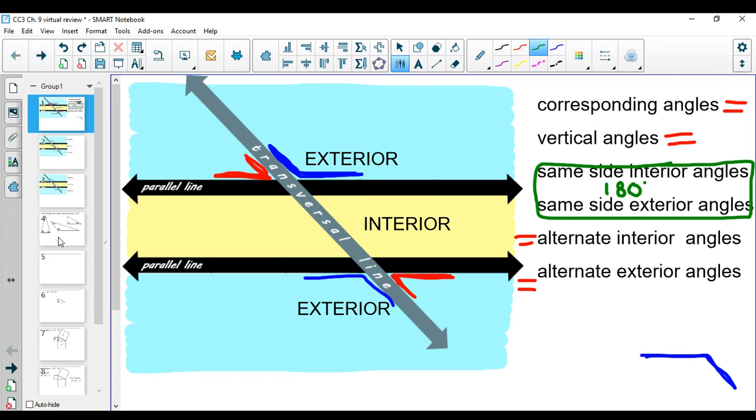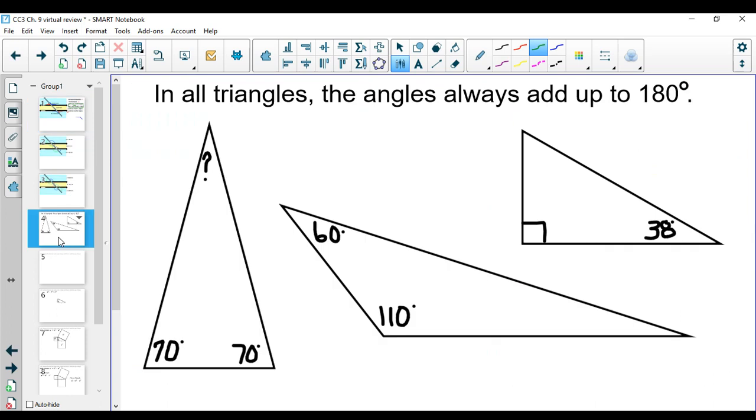Moving on to the next topic, we know that all the angles in a triangle always add up to 180 degrees. It doesn't matter what type of triangle it is, this always works. So if I have two angles that are 70 degrees and I'm missing this angle, if I add 70 plus 70, I get 140 degrees that's already been used.